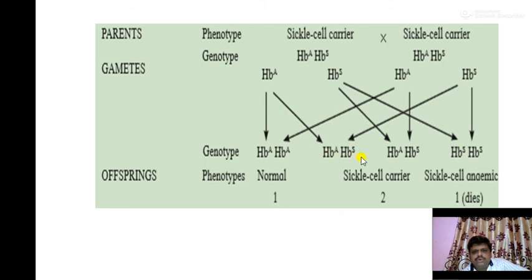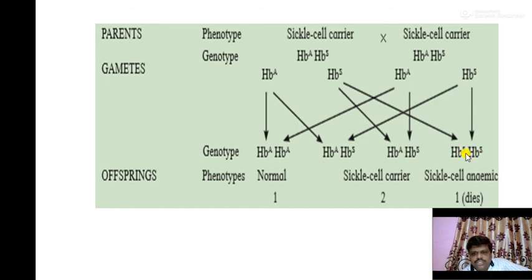So this is a heterozygous condition, and this is a homozygous condition for the healthy gene, HBA and HBA. This is a heterozygous condition involving HBS and HBA, and this also involves HBS and HBA. So both of these are carriers, and this one is the homozygous condition.